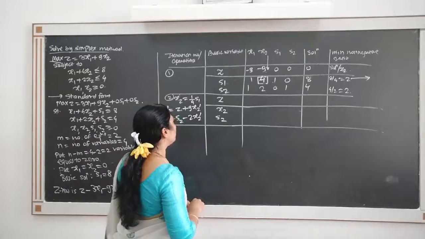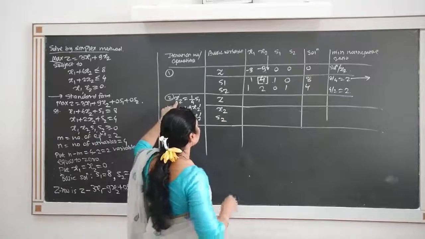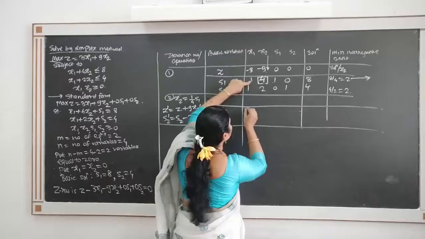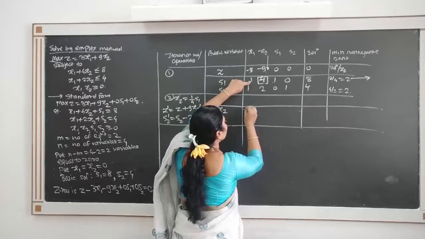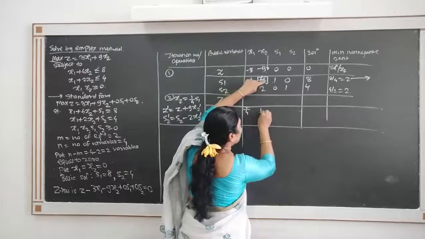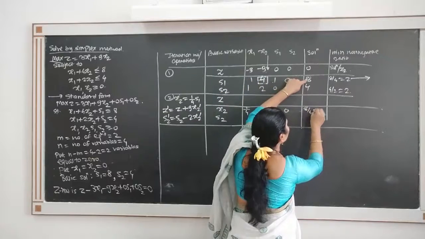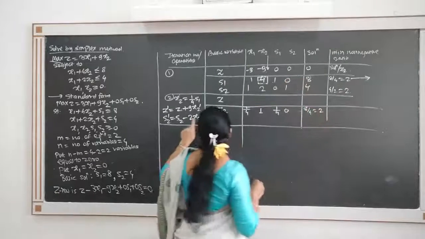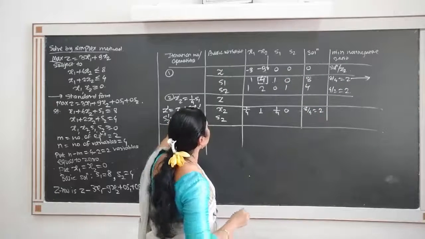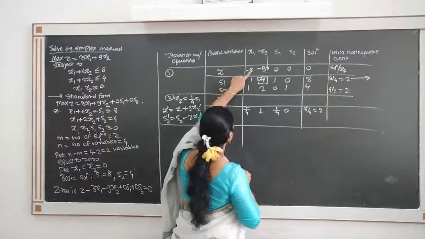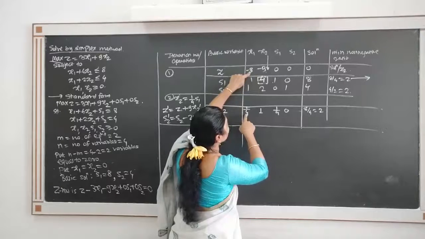So x2 is equal to 1 by 4. So see what these operations are. This is 1 by 4, 1 by 4, 0, 8 by 4 equal to 2. See the second, z dash, it is z plus 9 times 1 by 4.